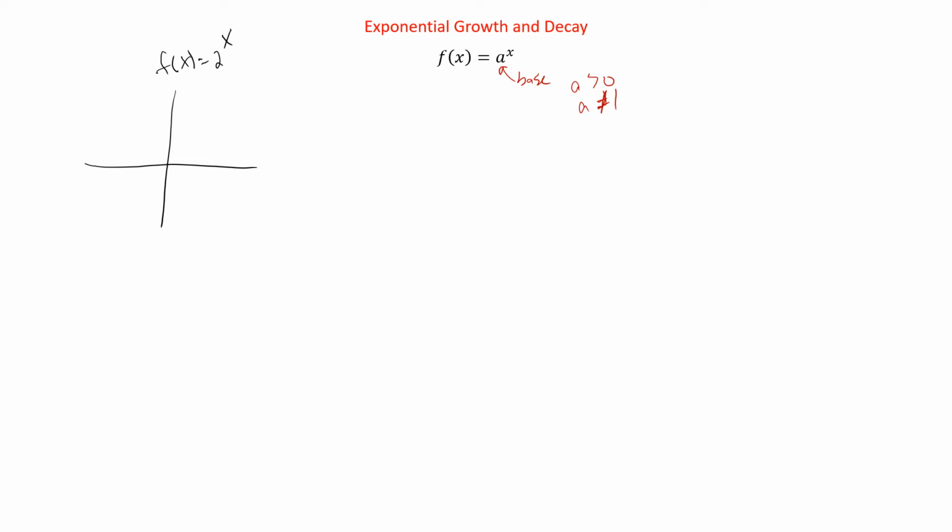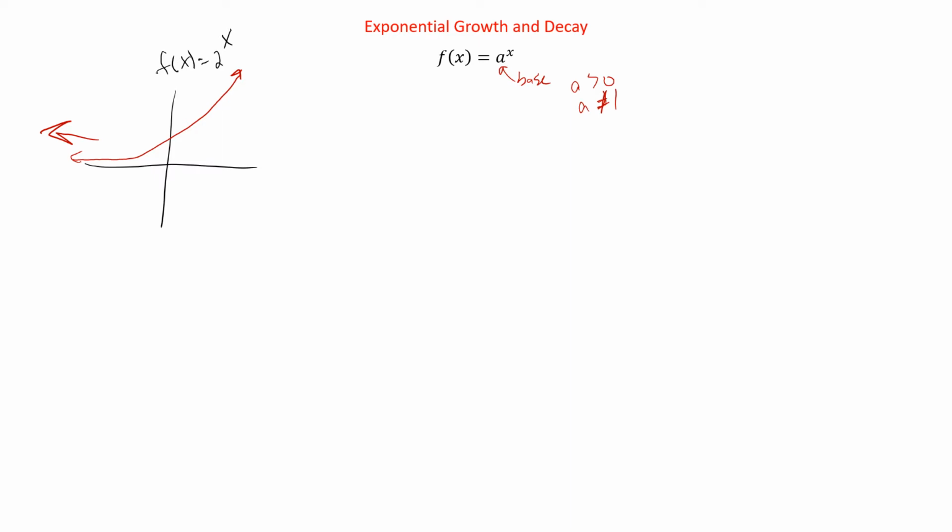When we graph this, it's going to have a horizontal asymptote of the x-axis as it's going to negative infinity. And then it's going to curve up, and it increases very, very quickly. An exponential function is the fastest increasing function. So that's what f of x equals 2 to the x looks like. It has this horizontal asymptote going this way, and then it increases.